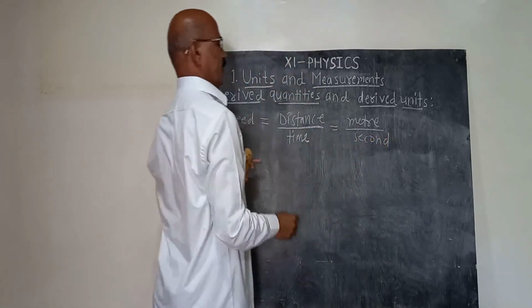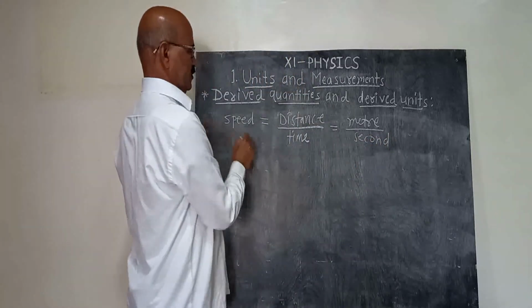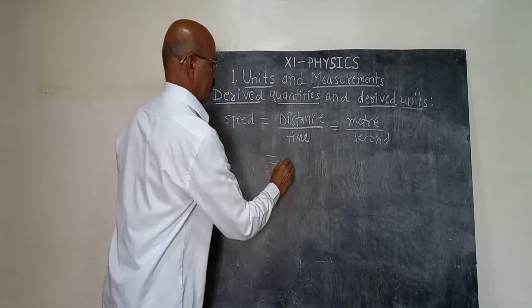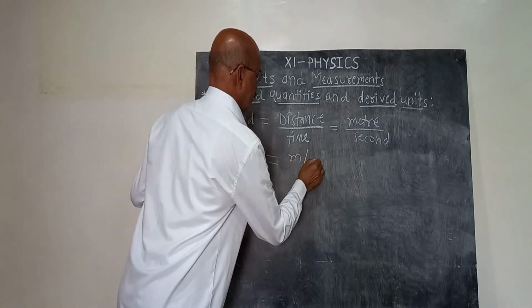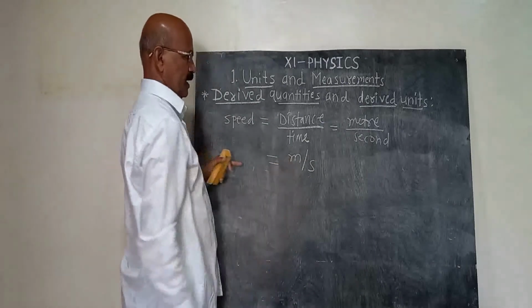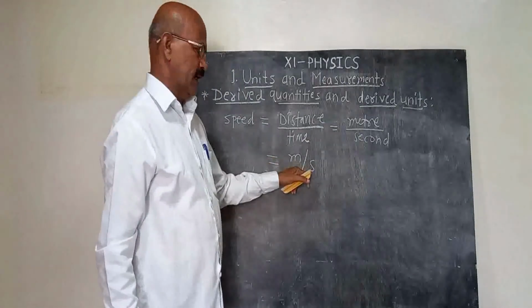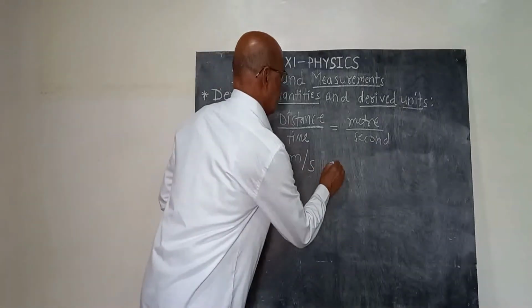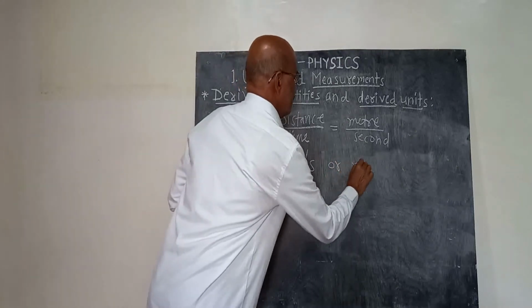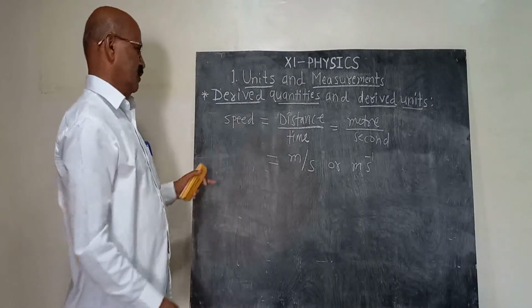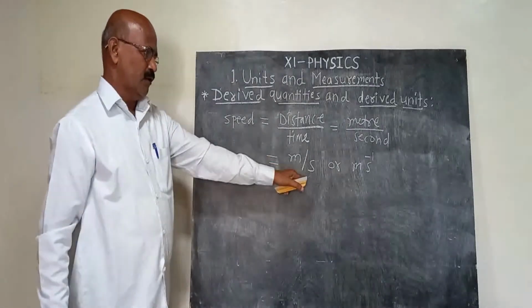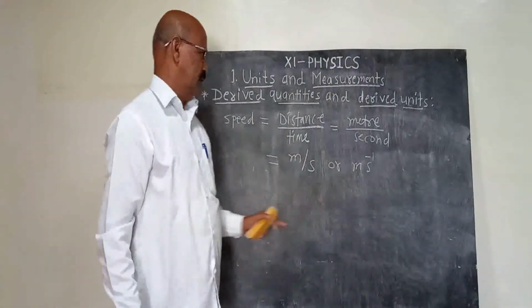So we get the SI unit of speed as meter per second, symbolically represented as m per s. It is also denoted as m s raised to minus 1. So this is the SI unit of speed.